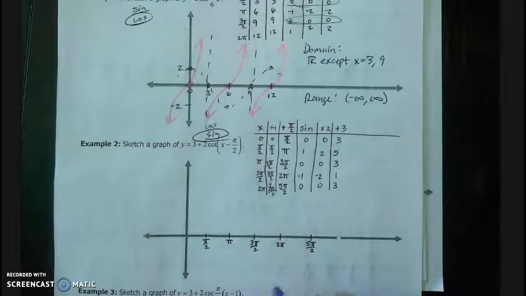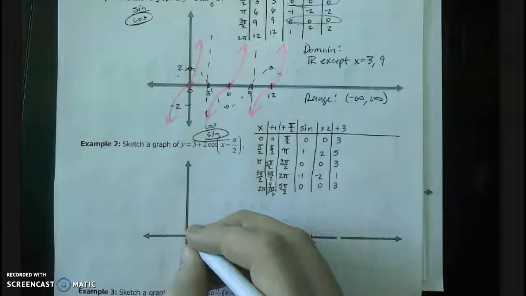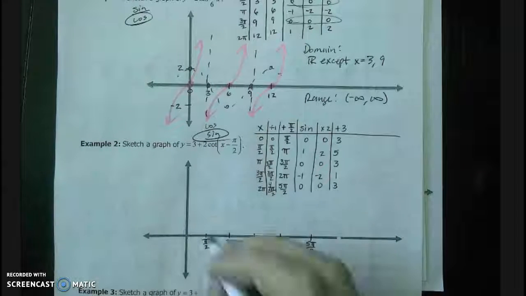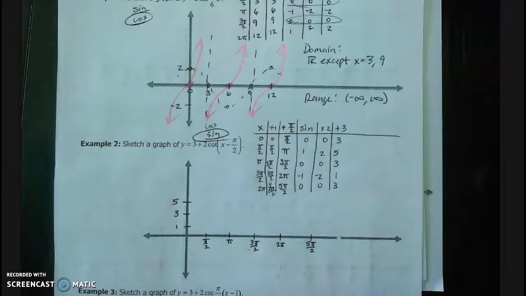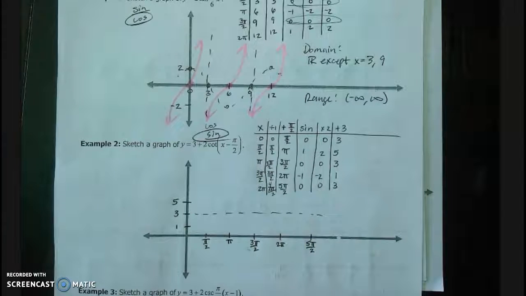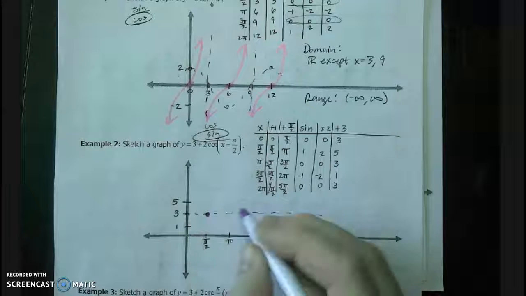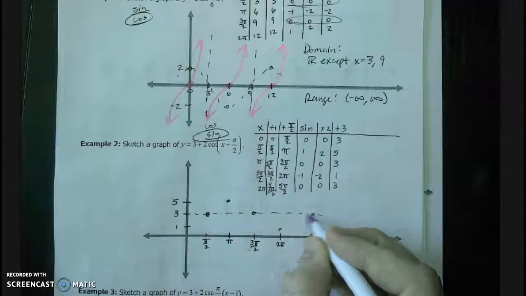We're going to plot those, so 1, 3, and 5. There's sinusoidal axis at 3 because that's the middle y value. And we've got sine wave. So we're going to be 3, then 5, then 3, then 1, then 3.